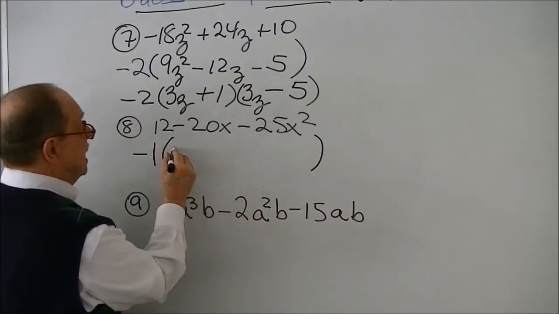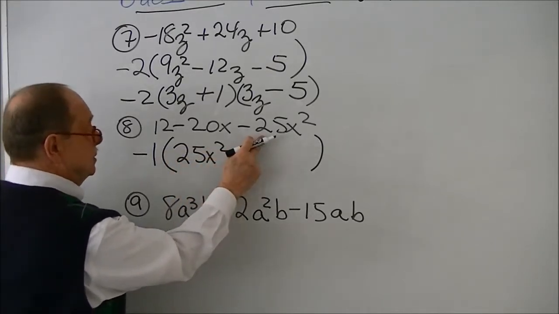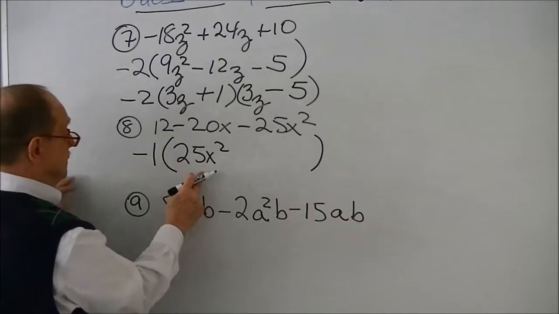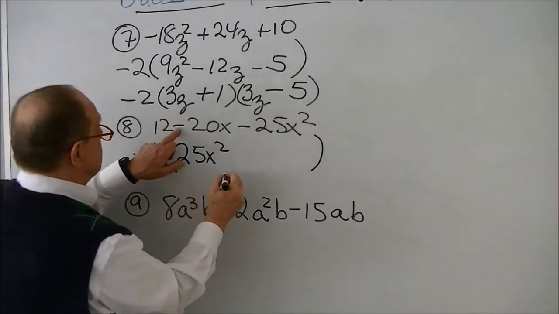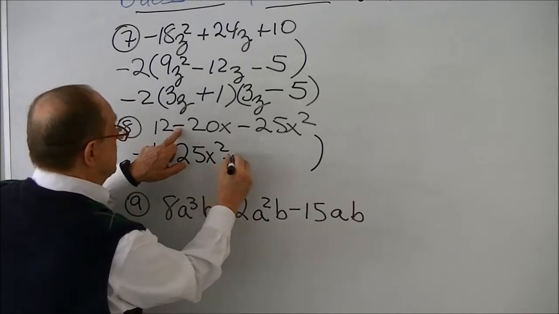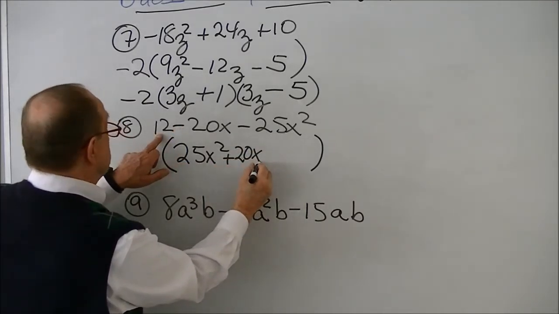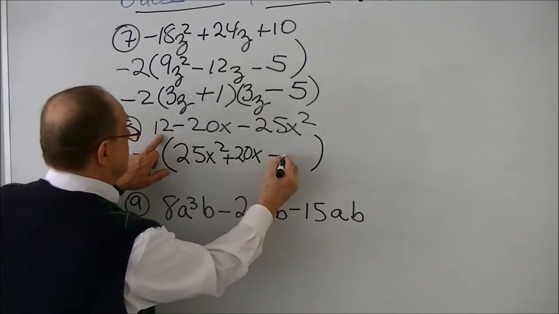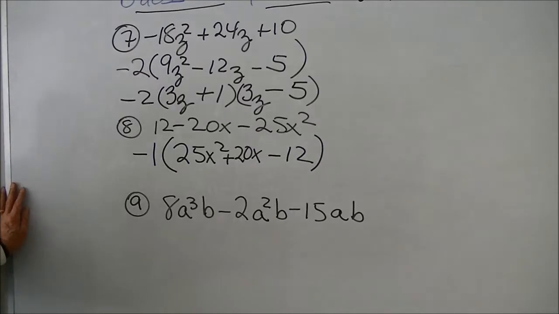So this becomes a positive 25x squared. Used to be a negative, now it's a positive because I've taken out the -1. This was a negative, it's now going to become a positive. And this was a positive, now it's going to become a negative. Okay, that I think is a little bit better.